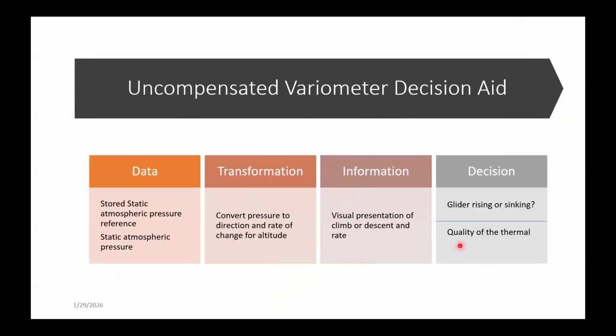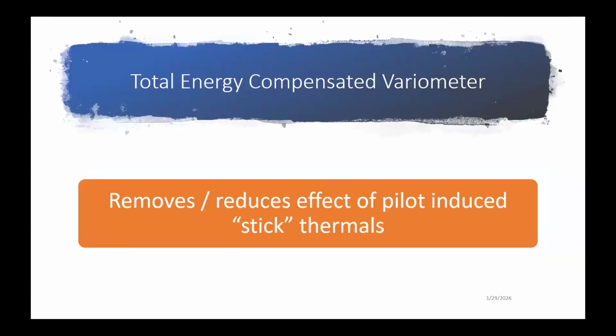Or the other one is, if we're established in a thermal, then this becomes what is the quality of the thermal? Is this a 3 knot thermal, a 4 knot thermal, a 5 knot, or is it 3 knots on one side and 5 on the other? That kind of thing. And again, in the digital systems, the stored atmospheric pressure is a value in the processor's memory, so no capacity required.